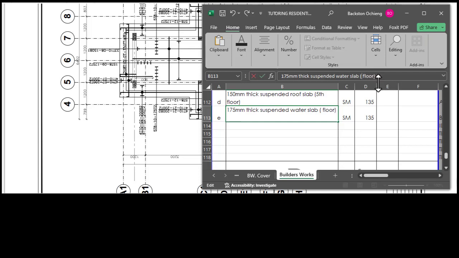So this is a suspended water tank slab, and this is called roof slab. It's shown there. All right, so let's get to calculation of the quantity. So from here, it's from grid A1 to grid H1. Okay, so let's add these items here.